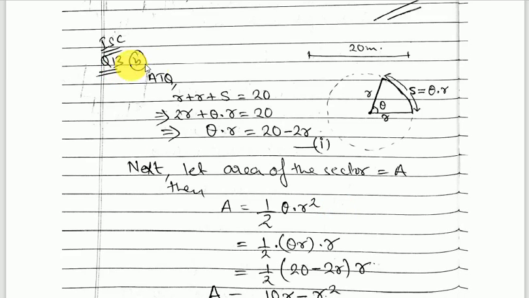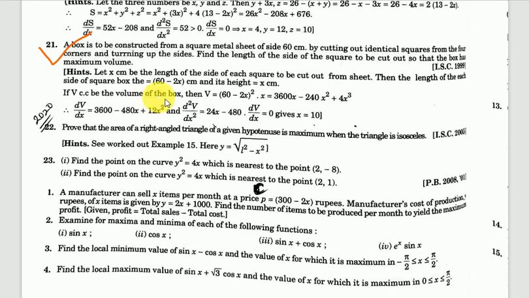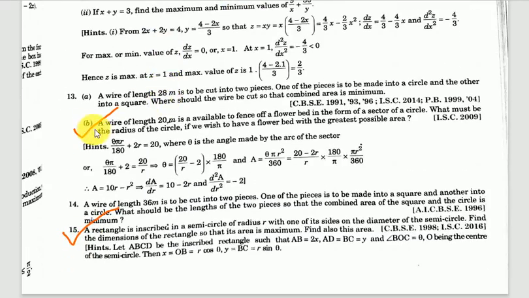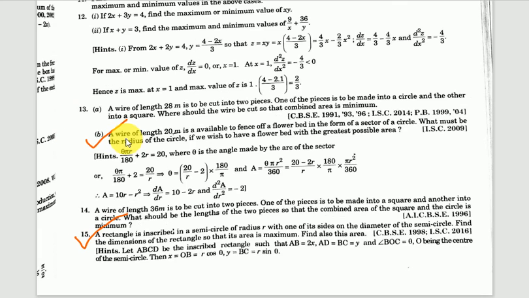Next question is question number 13b. Here the question says a wire of length 20 meter has to be used to fence off a flower bed in the form of a sector of a circle.